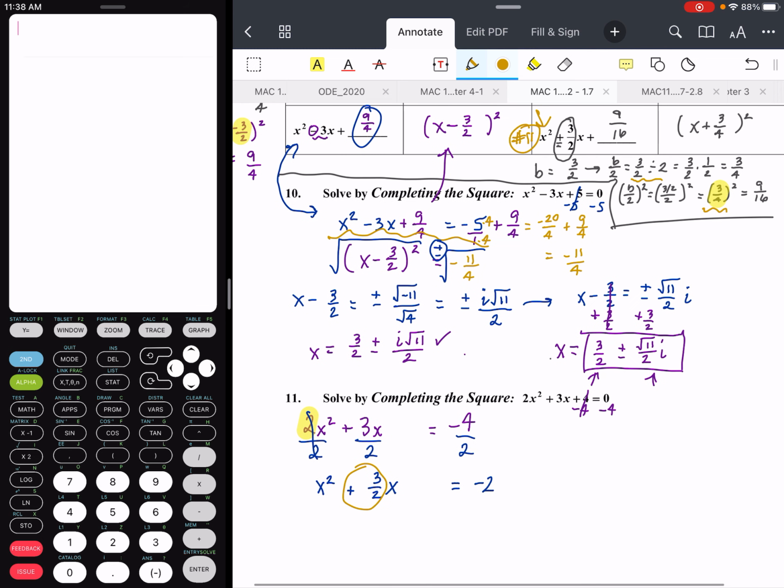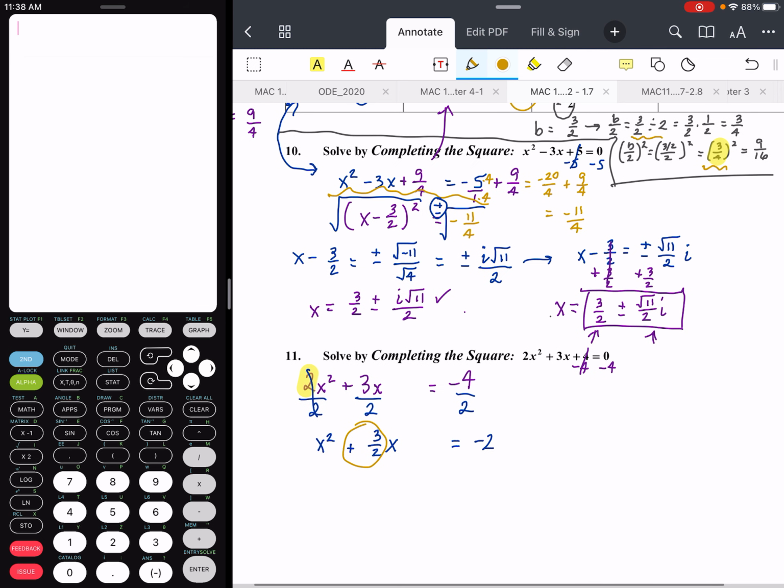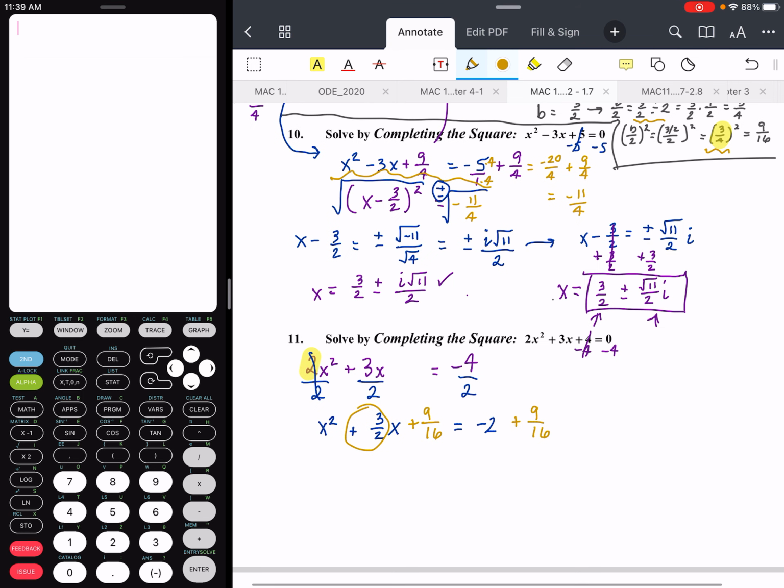Okay, so we did all this before. So I'm going to add my constant 9/16 to both sides. Okay, and then on the left-hand side, I'll factor. And remember that my factored form is going to be (x + 3/4)².